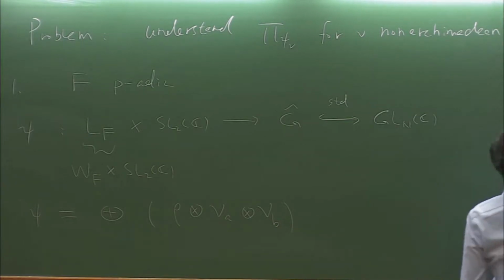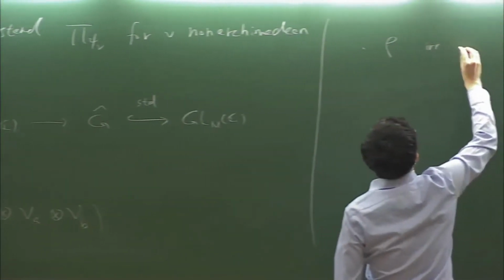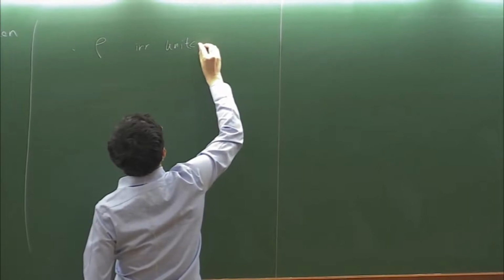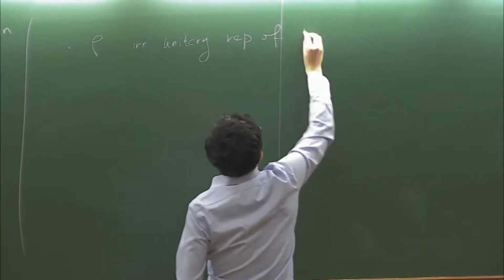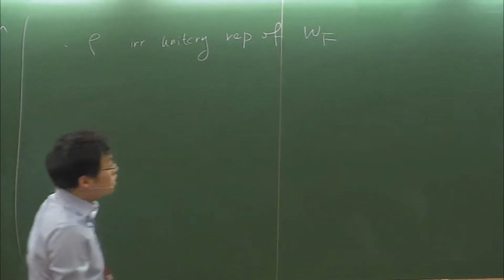Here this rho is the irreducible unitary representation of the Weil group.